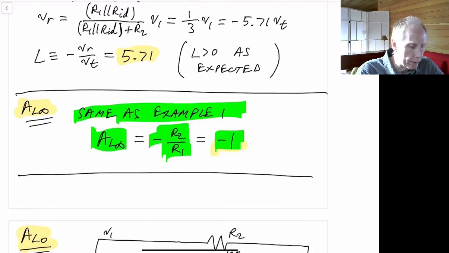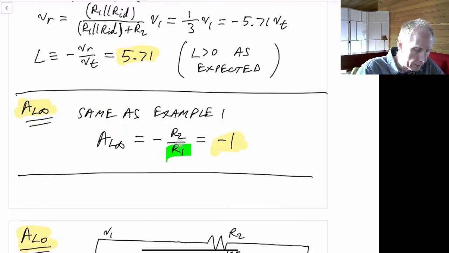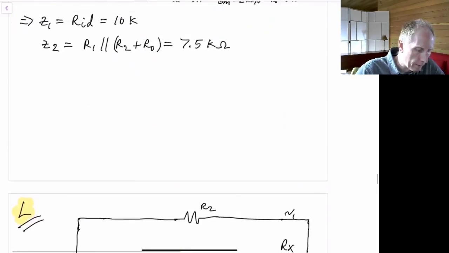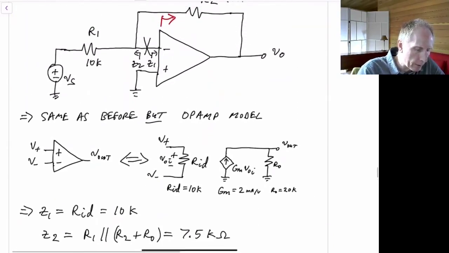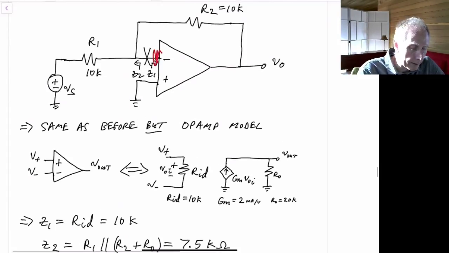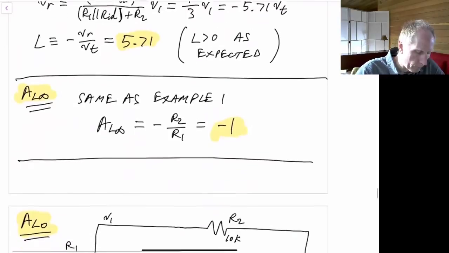So in other words, if the loop gain goes to infinity, so if you introduced into this node here a very, very large gain, then it acts as an ideal op-amp circuit, and we get a gain of minus R2 over R1, which is minus 1.